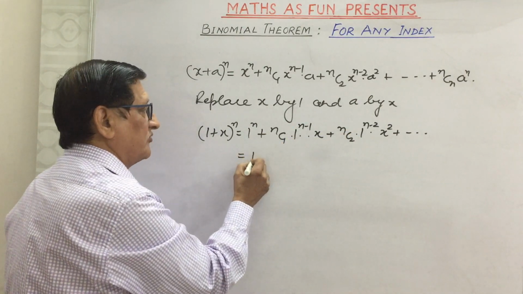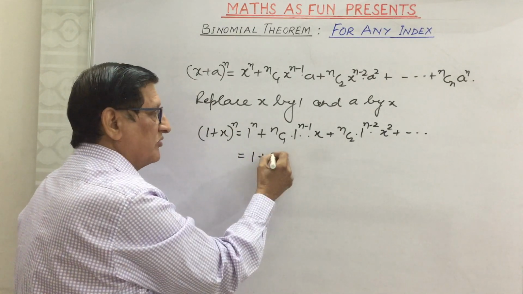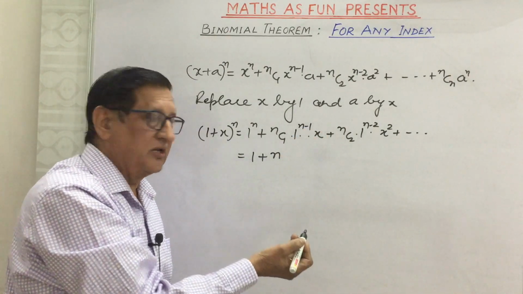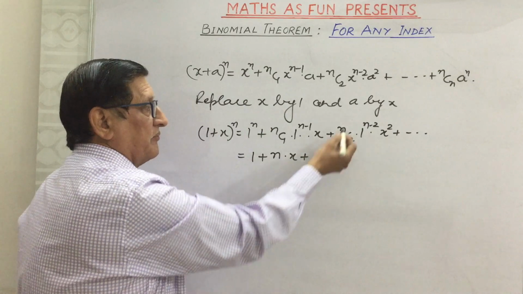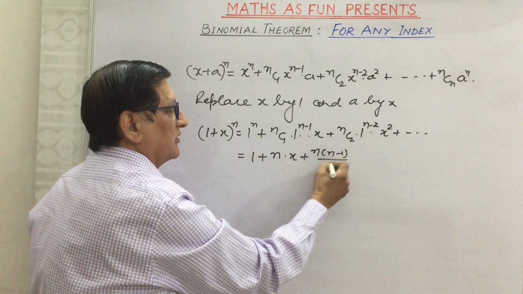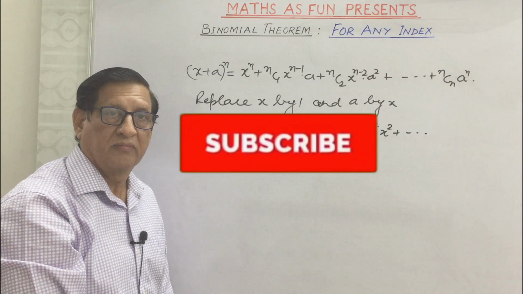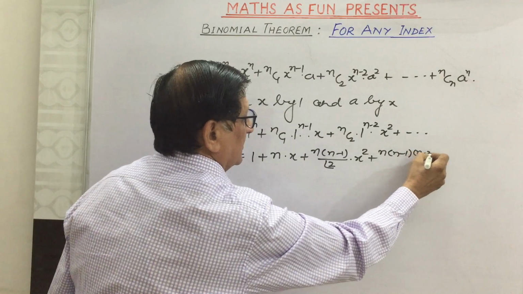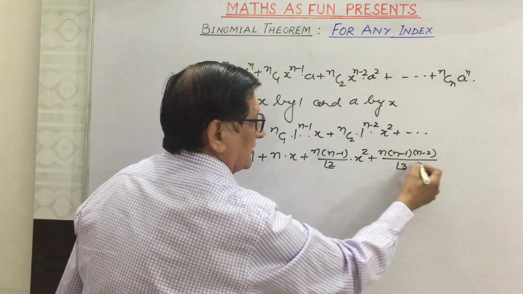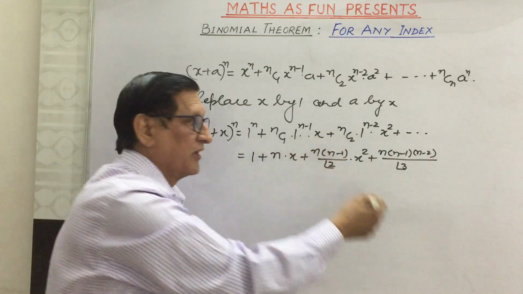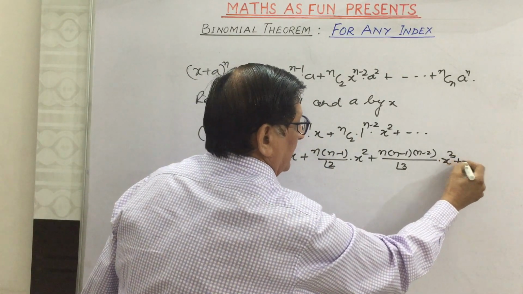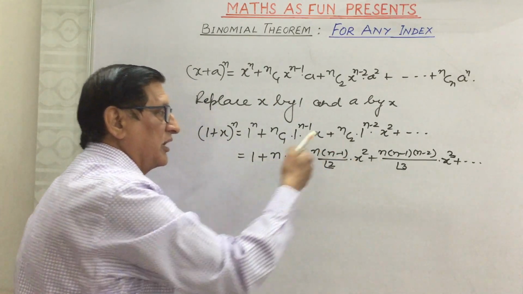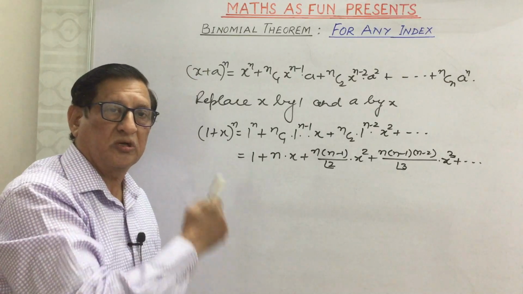So we can write this as 1 + n (nC1 is n, we already know it) into x + n(n-1)/2! into x^2 + n(n-1)(n-2)/3!, the value of nC3 for the next term, into x^3 + and so on.